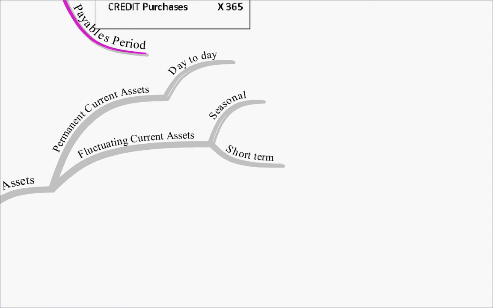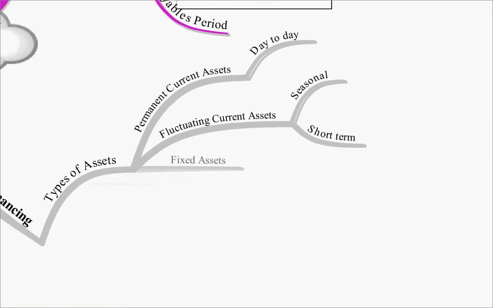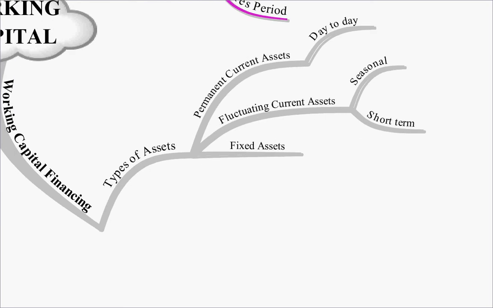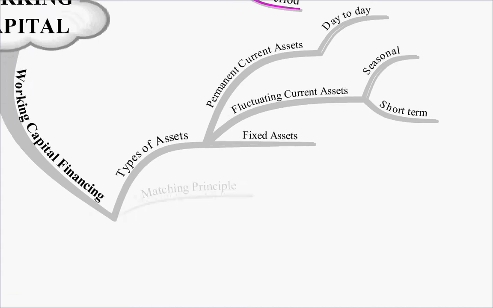That's over and above the permanent current assets. And lastly, of course, we've got our fixed assets. So we'll have our fixed assets, we'll have our permanent current assets, and then we'll have our fluctuating current assets. And the fluctuating ones aren't needed all the time and fluctuate depending on the seasonal or short-term effects.